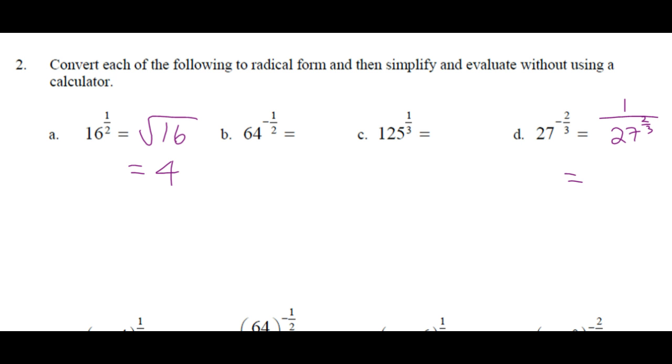Then you change that to radical form, and it's the cube root of 27. Now I can write the squared on the 27, but I don't offhand know what 27 squared is. Or I could do the cube root of 27 and then square it. The cube root of 27 is 3, right? So we could choose to do it this way, which is 1 over 3 squared, or 1/9.